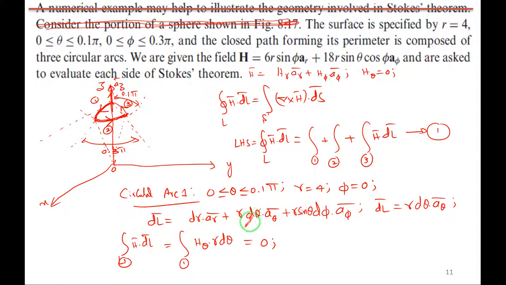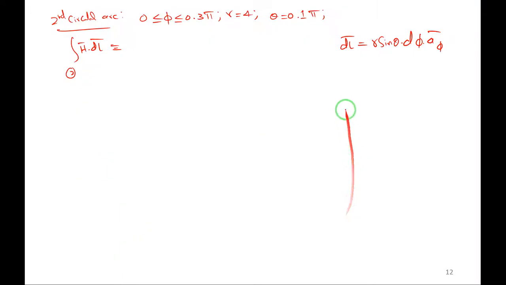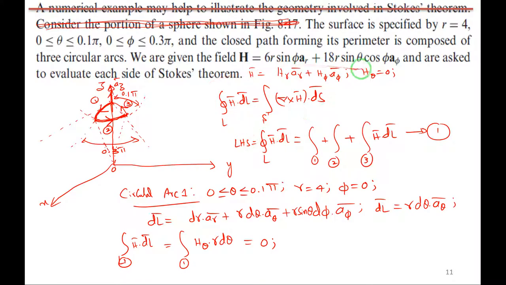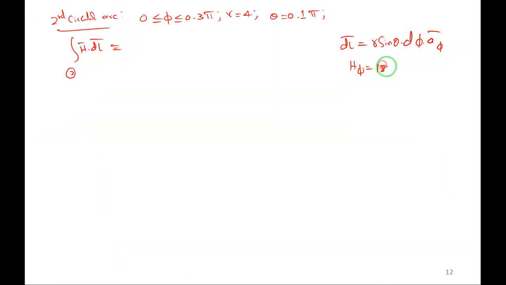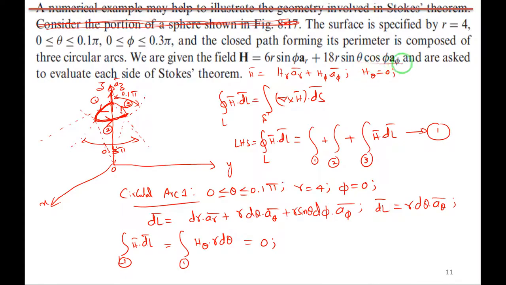This will vanish, this will vanish, right? Because they are fixed. Only this one, differential length. I am moving along this phi direction, right? So r sin theta d phi into a phi. Then with respect to this, I have to take h phi. What is h phi? h phi is 18 r sin theta cos phi.